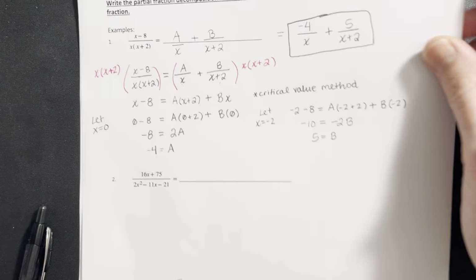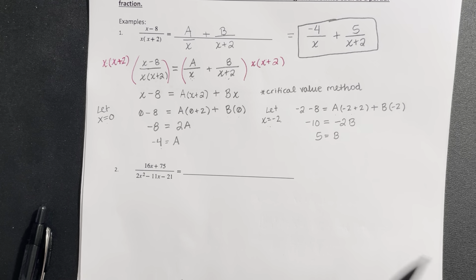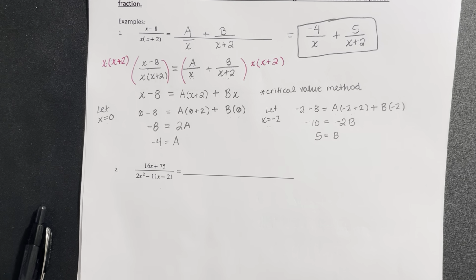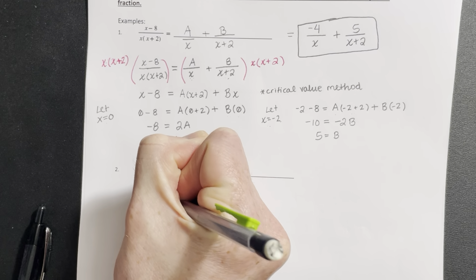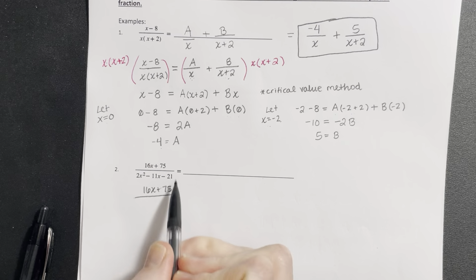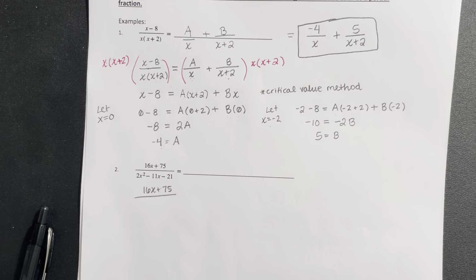We have 16x plus 75 over 2x squared minus 11x minus 21. So to figure out what the partial fractions would be, I first need to factor that denominator. We're looking at 16x plus 75 on the top, but we need to factor the denominator 2x squared minus 11x minus 21.